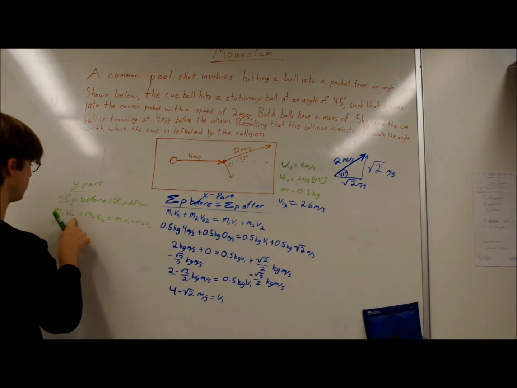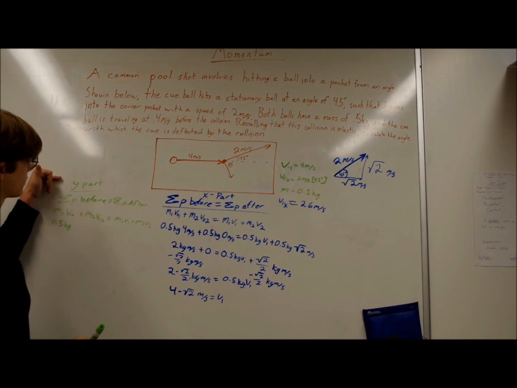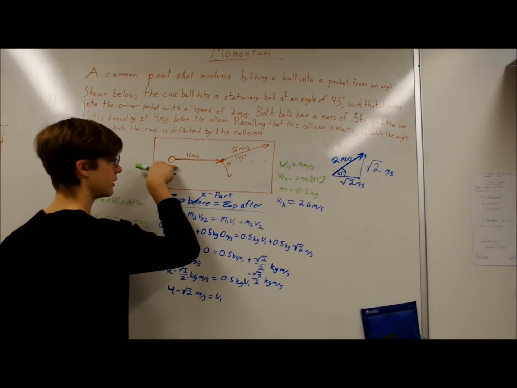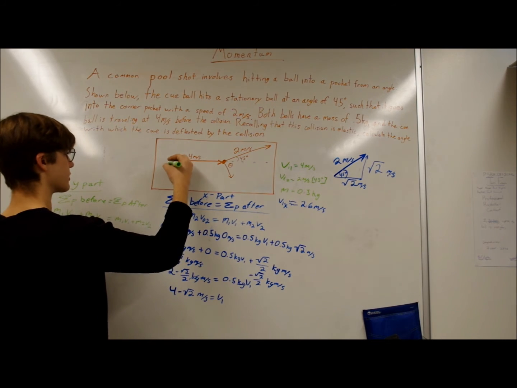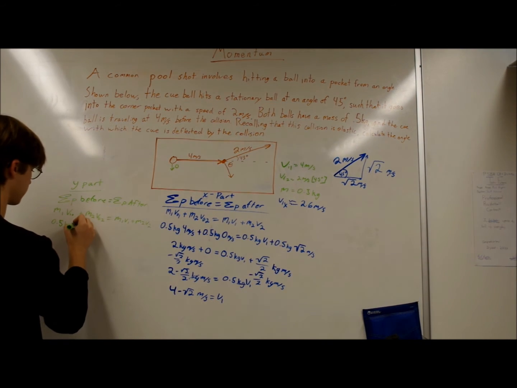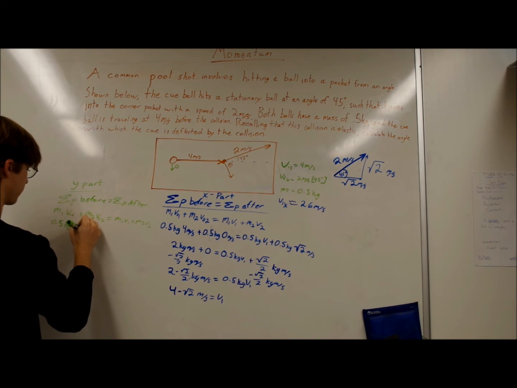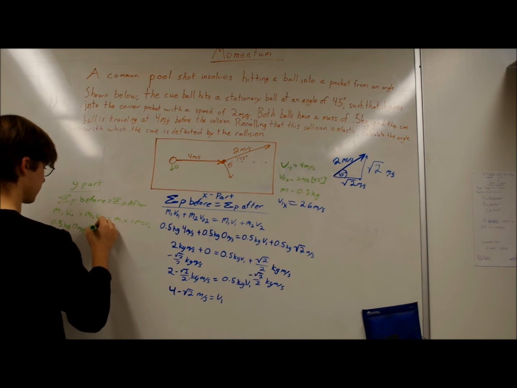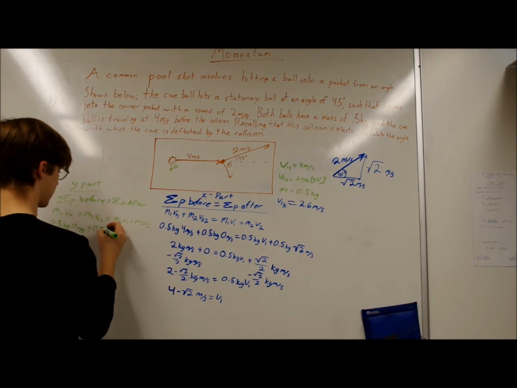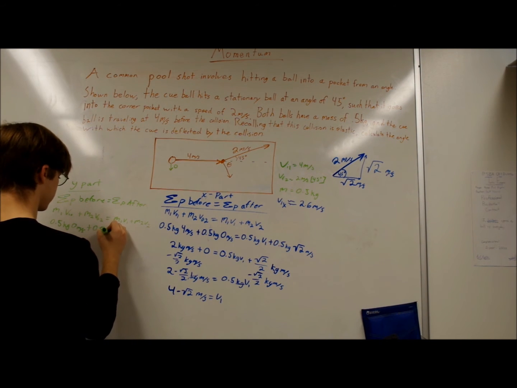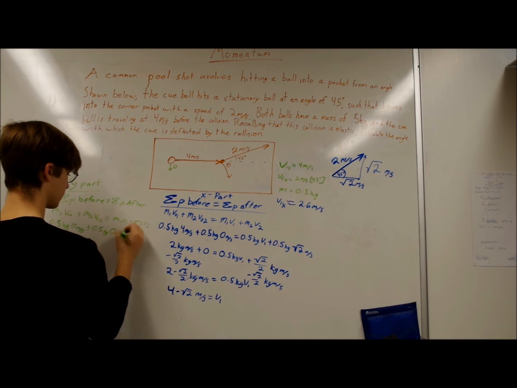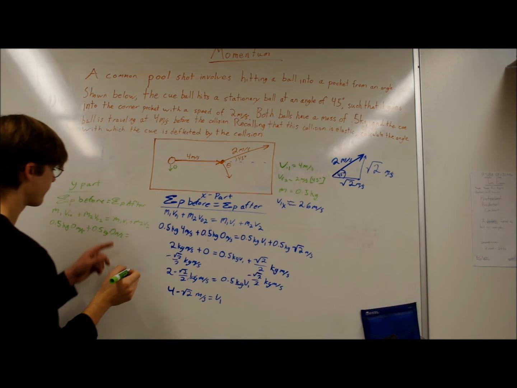The initial velocity in the y part, all of this velocity is going in the x direction. So that means it has no velocity in the y direction. So times 0. Similarly, the other ball is stationary initially, so it is also 0.